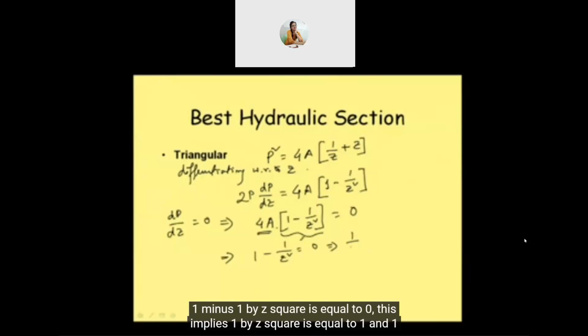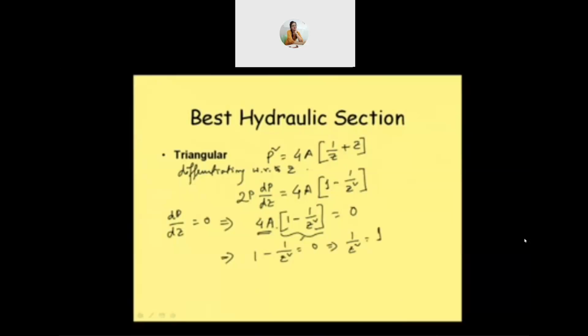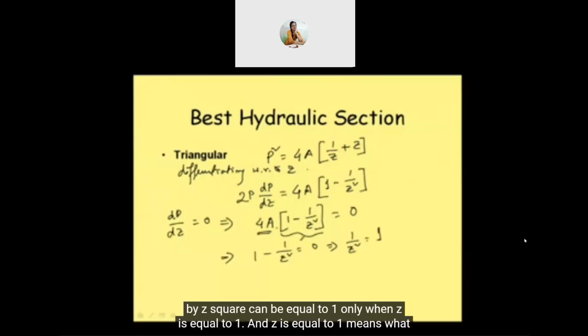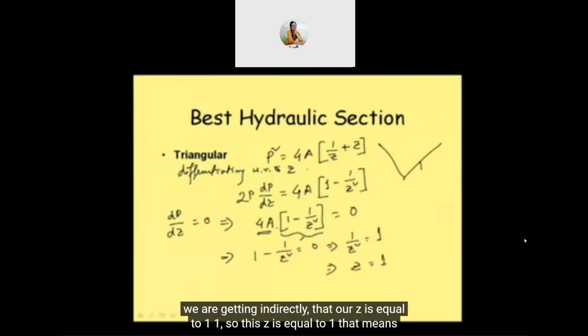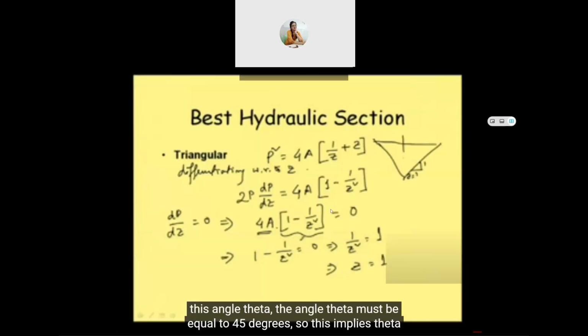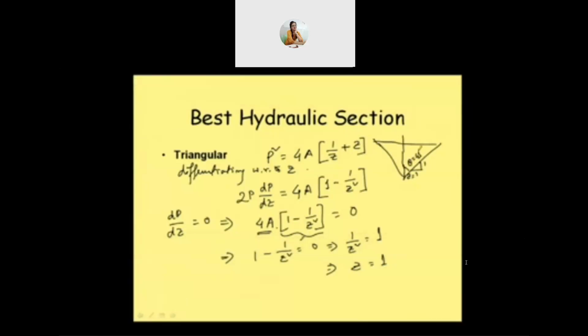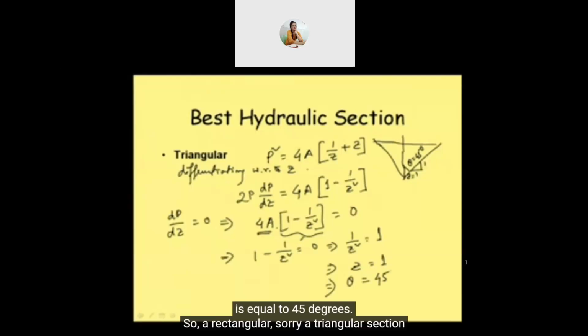This implies 1 by z square is equal to 1, and that can be true only when z is equal to 1. Z equal to 1 means that this angle theta must be equal to 45 degrees.